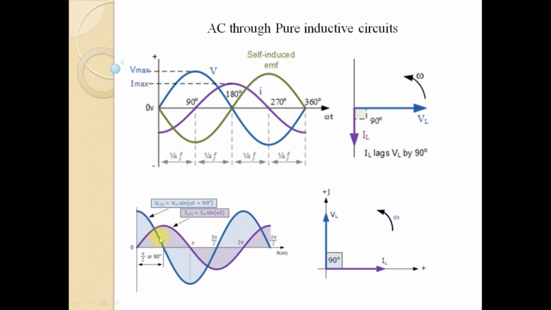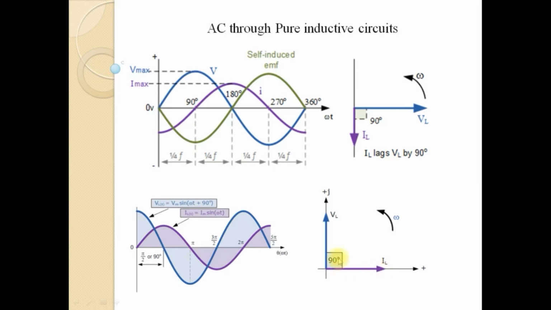Sometimes we may have to take the direction of the current phasor as a reference. In that case, from this phasor diagram, if you consider the current direction as a reference, the voltage phasor will be leading with respect to the current phasor by an angle of 90 degrees. Here we are considering the direction of the current through the inductor as reference.